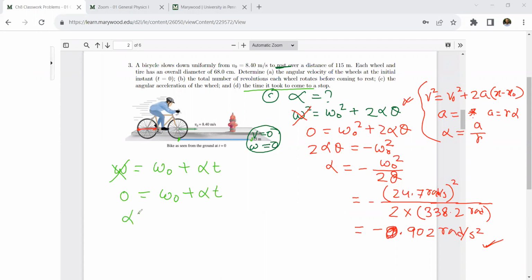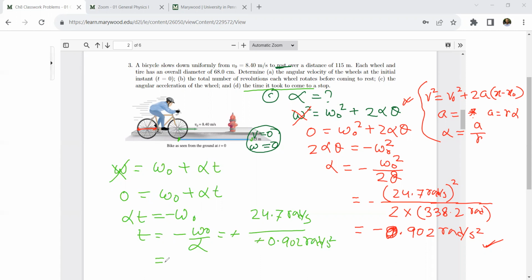If I solve it for t, it gives me t equals minus omega 0 over alpha. Omega 0, the first problem gives us this, and then we calculated alpha equal to 0.902 rad per second squared. So this minus cancels out, and we get t equal to 27.4 seconds.